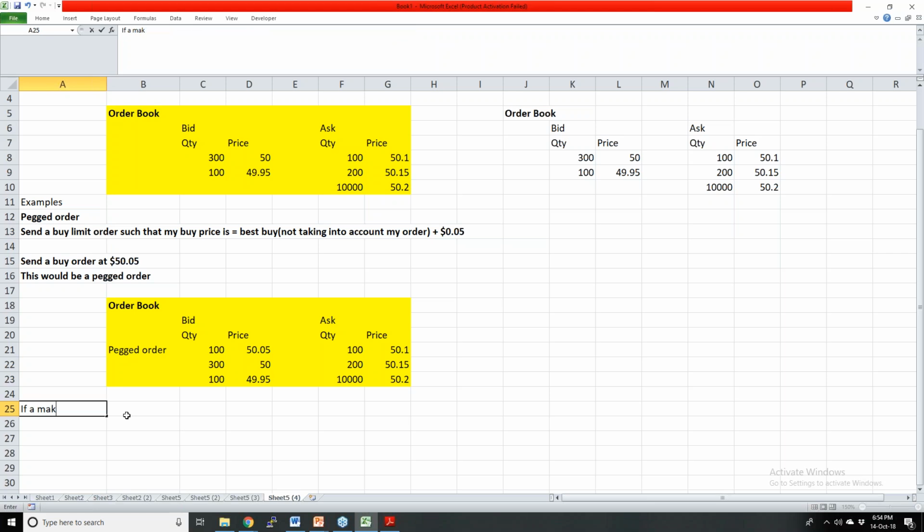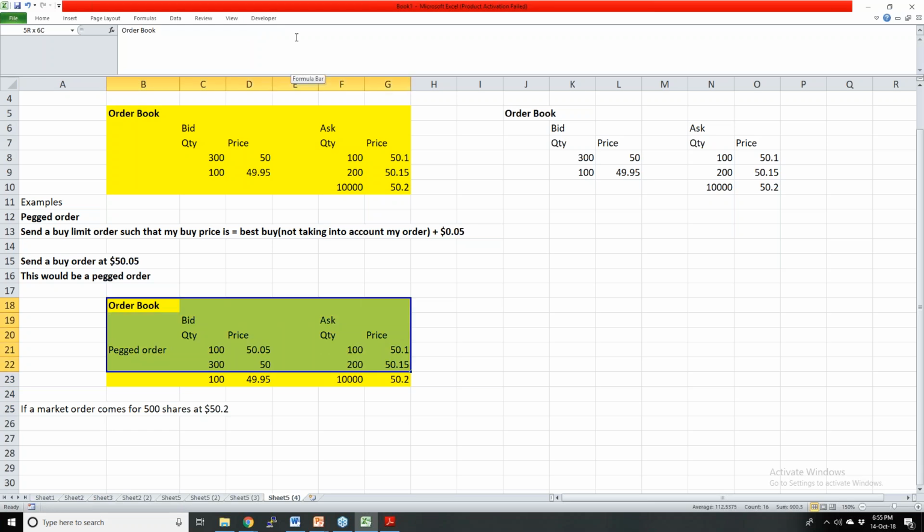So if a market order comes for 500 shares at $50.2, the order book changes.